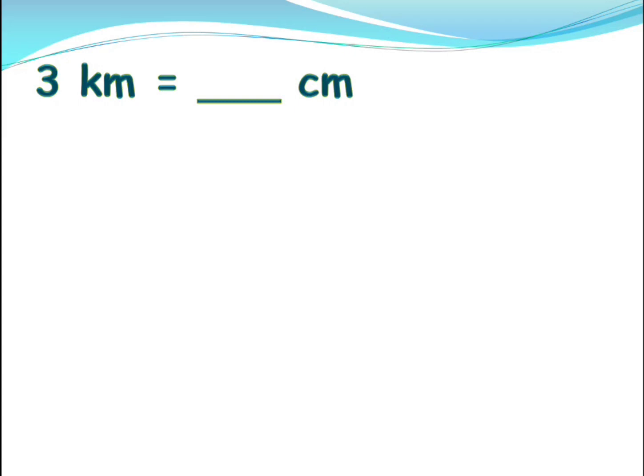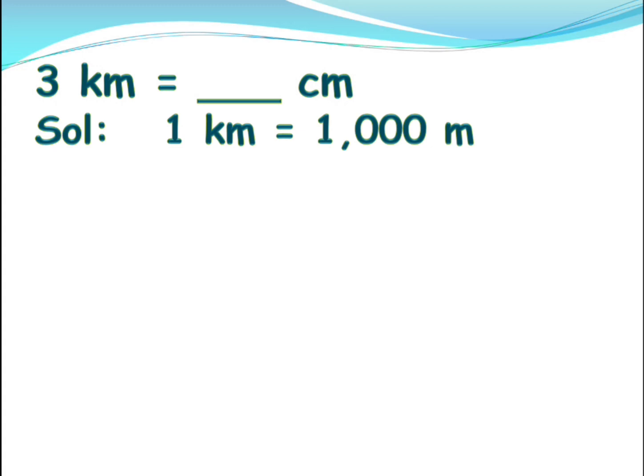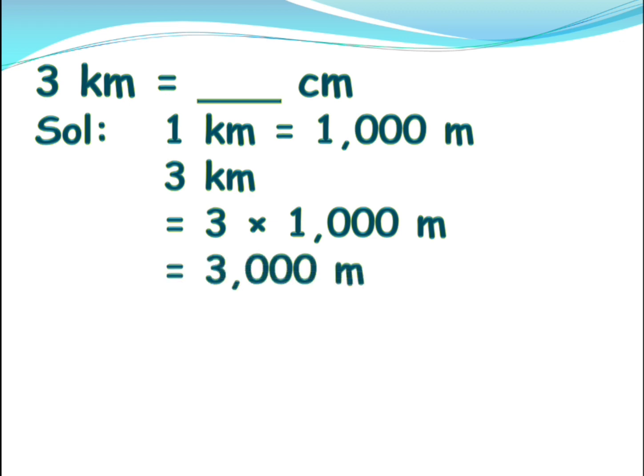So, what we will do is, first, we will convert the kilometers into meters, and from that, you will convert into centimeters. Okay. So, 3 kilometers, isn't it, children? So, 1 kilometer is equal to 1000 meters. So, 3 into 1000 you have to write, which becomes 3000 meters. That is, 3 kilometers is equal to 3000 meters.